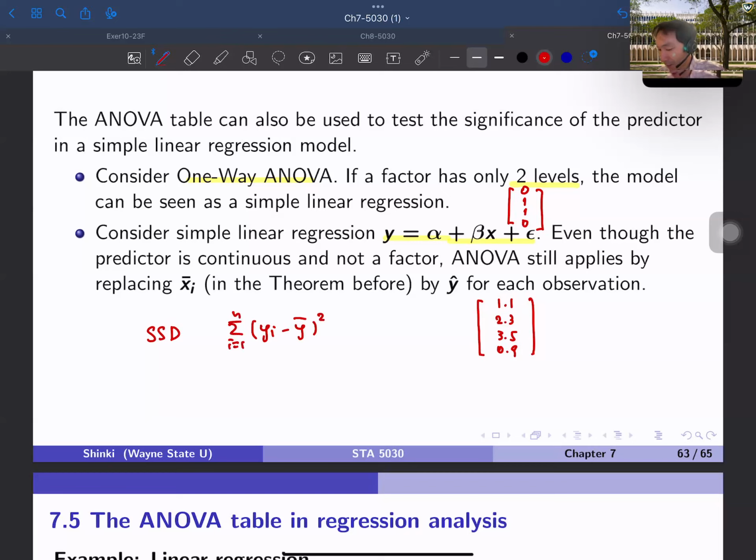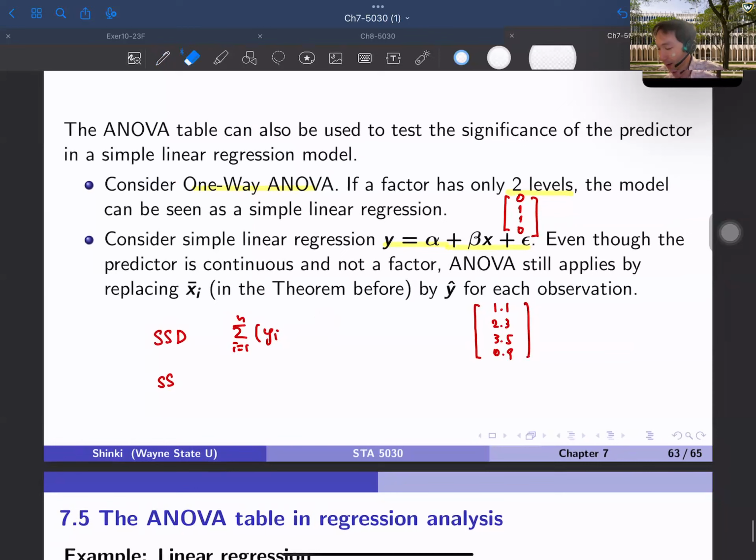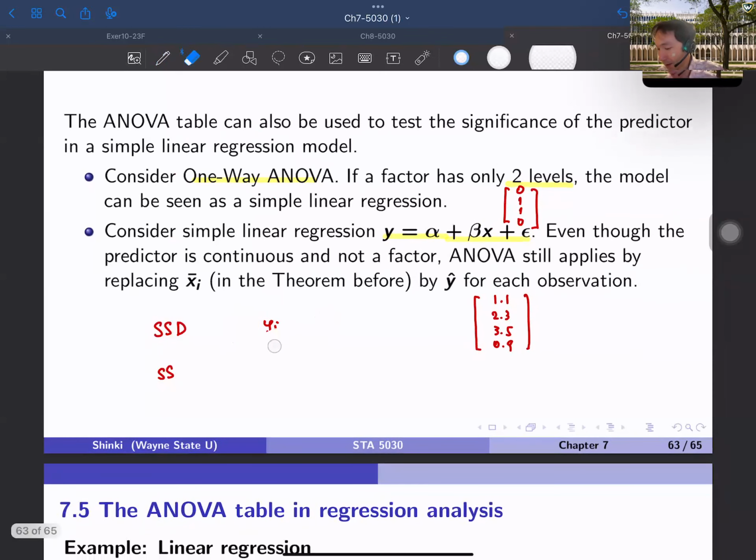But maybe I should say that if we have index i for group and j is the index for observations within groups, then we calculate this quantity in one-way ANOVA.